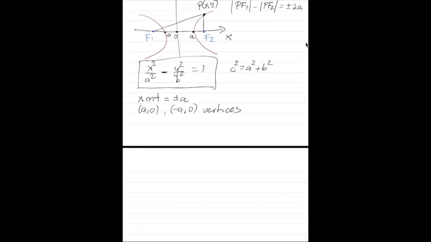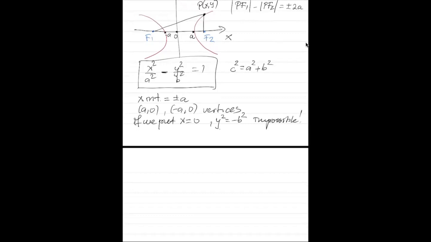If we put x equals 0 in the above equation, we'll have y squared equals negative b squared, which is impossible, to have a square equal to a negative number.